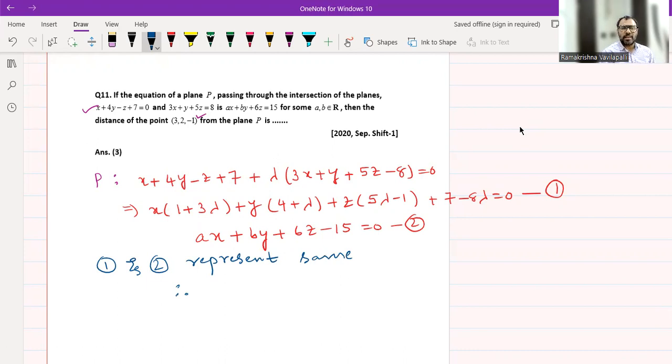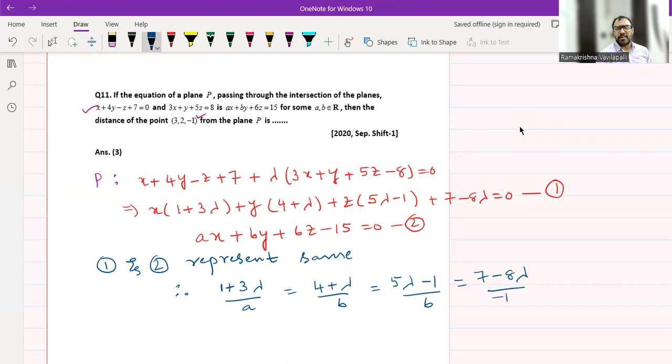So you can write (1 + 3λ)/a = (4 + λ)/b = (5λ - 1)/6 = (7 - 8λ)/(-15).